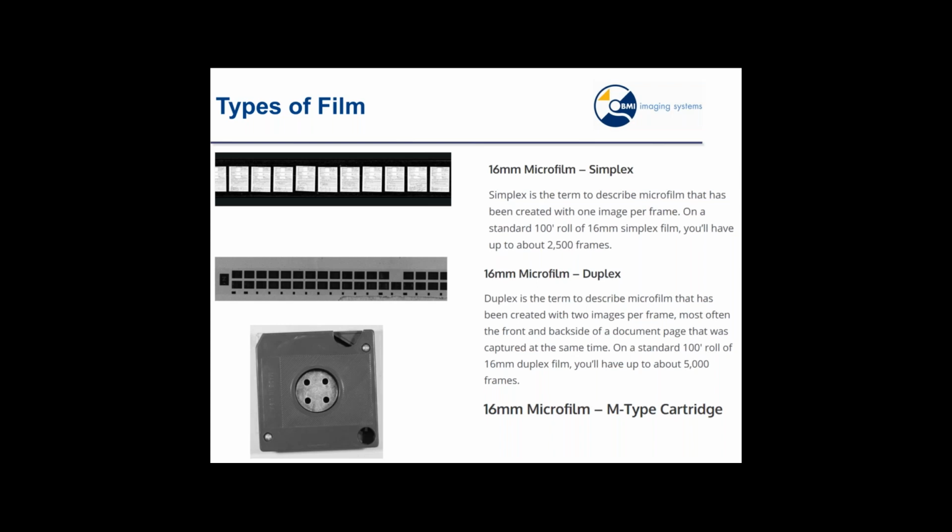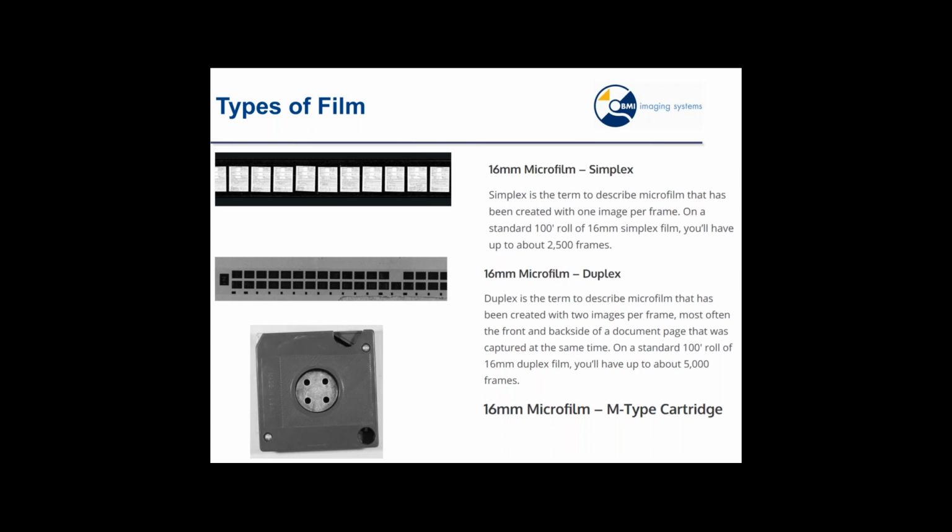If that's a 215-foot roll, which is the other size, that's essentially double the 100-foot roll. So you can expect an increase in price there because there's much more to scan. And the way you find that out, it's still a little difficult even for those of us in the industry, is the 16 millimeter simplex, the 100-foot, is going to be a little bit thicker than a 215-foot roll, and so they call that thick film.